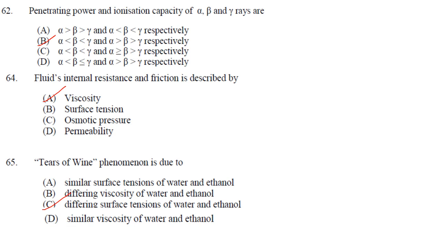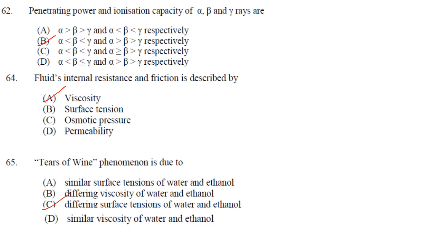The next one. Penetrating power and ionizing capacity of alpha, beta, gamma rays are. Gamma radiation is the most penetrating of the three radiations, and beta radiation is more penetrating than alpha radiation. So option B, alpha less than beta less than gamma, is correct.